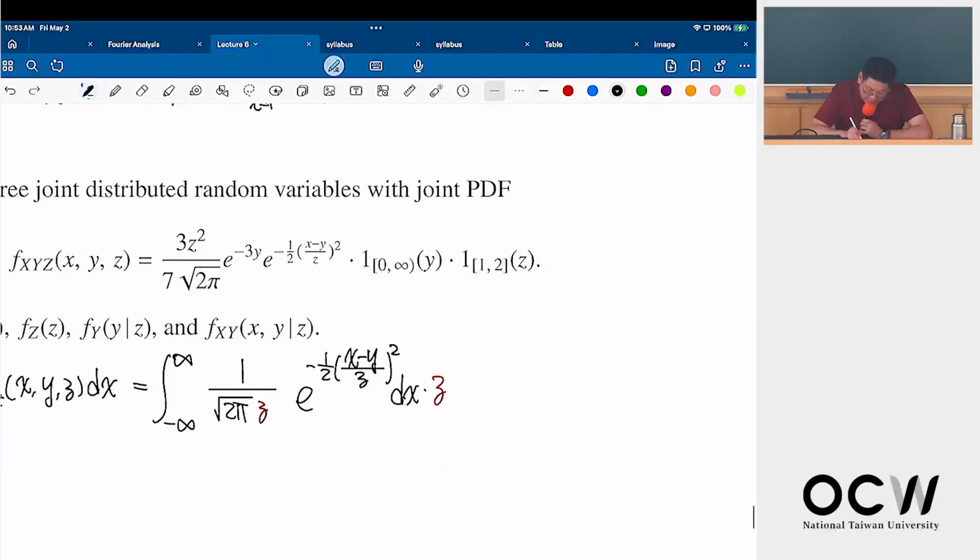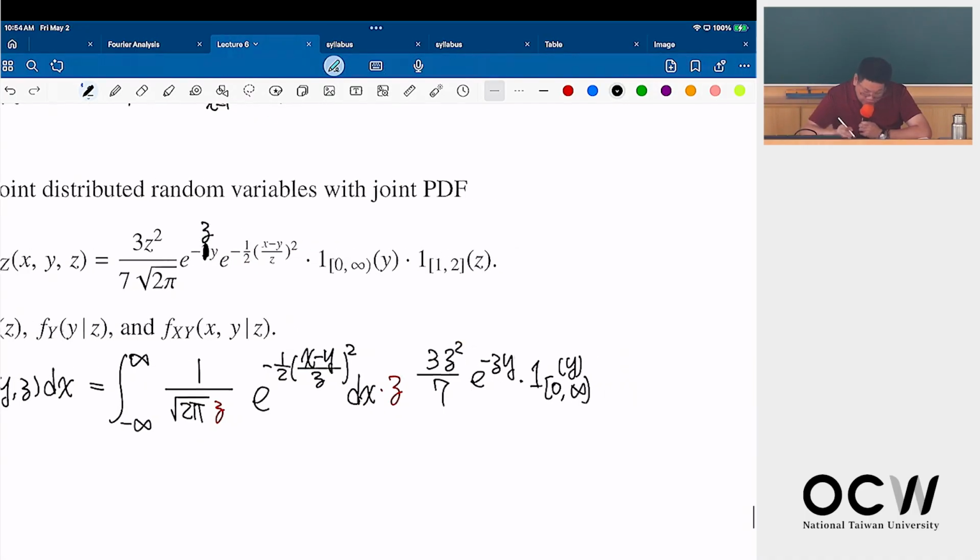And the rest will be 3 over 7 times z squared and e to the minus zy. Oh my god, that should be z. It should be z. Okay, e to the minus zy. And then your y is from 0 to infinity, and your z is from 1 to 2.